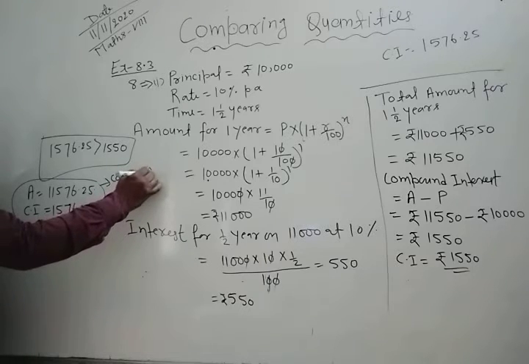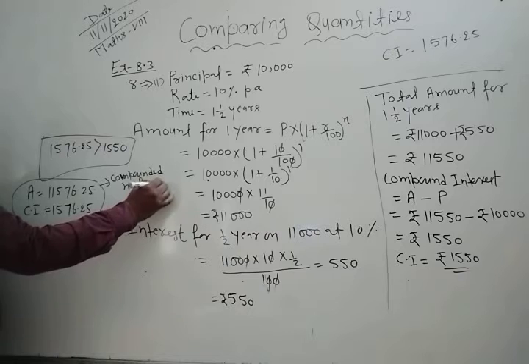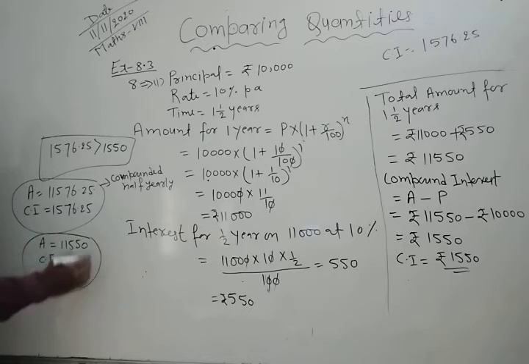Next, the amount compounded annually is 11,550, and the compound interest is 1,550. Okay, this is compounded annually.